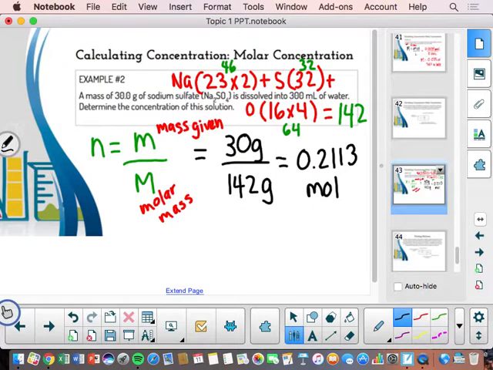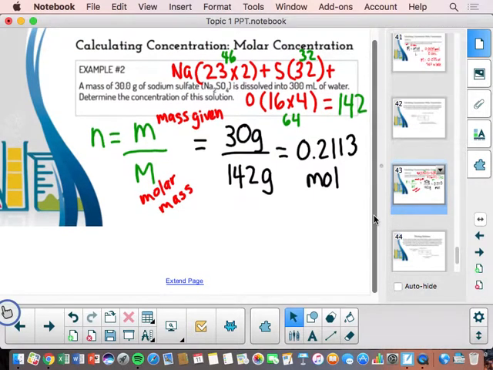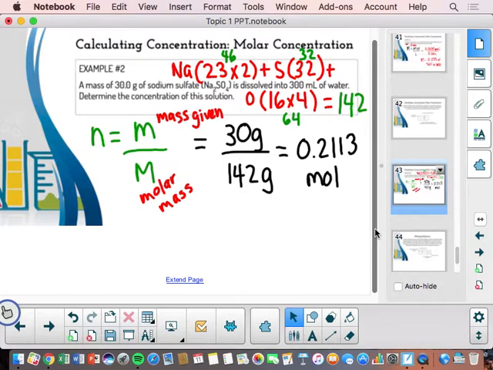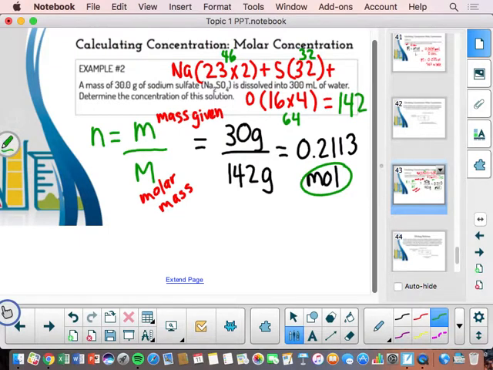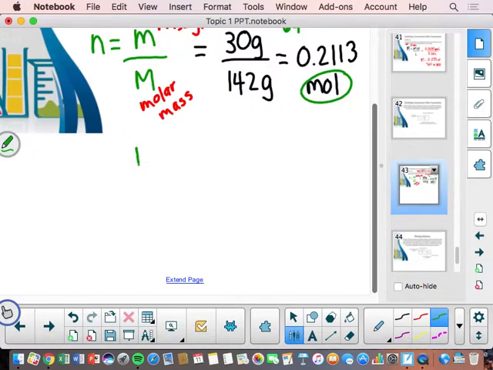Now that we have that, we can use the formula we used on the previous slide to calculate the concentration of the solution. We've got moles. In our question, we have liters, so then we can figure out concentration. M is equal to moles over liters.